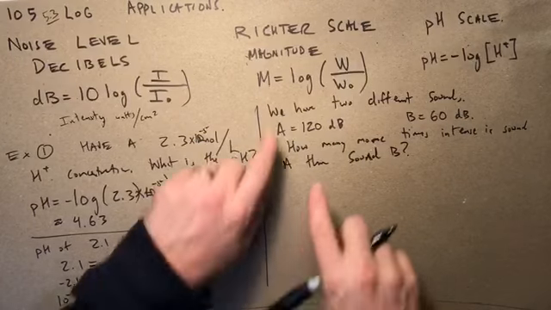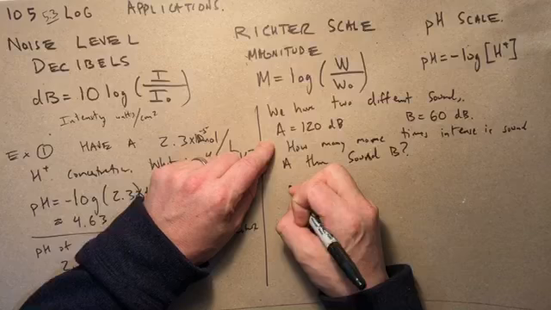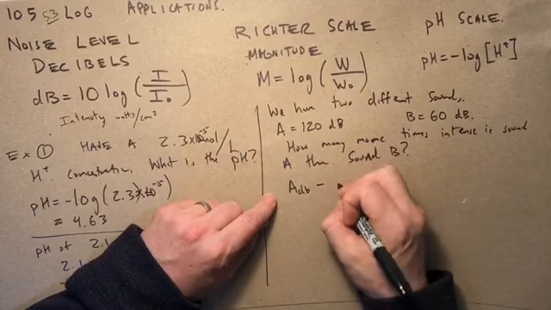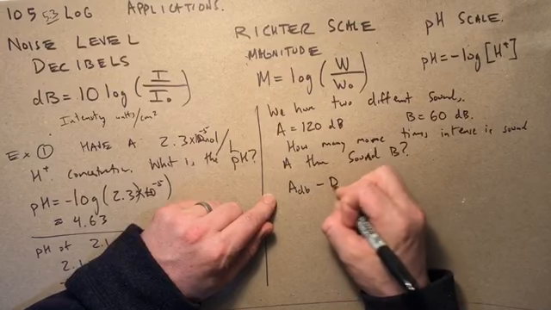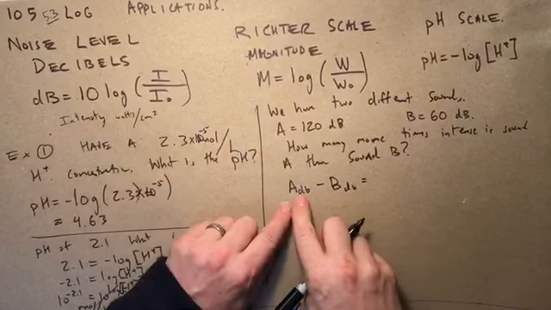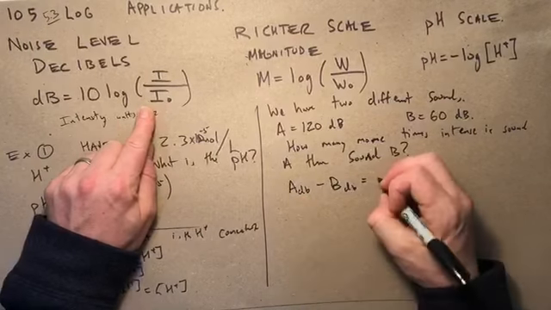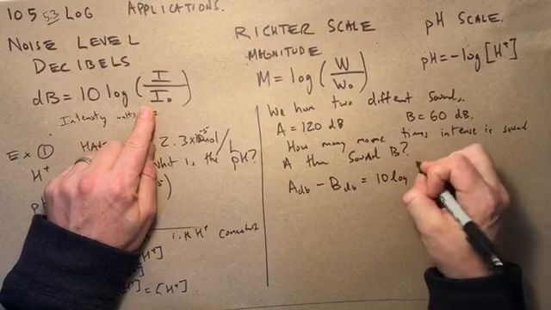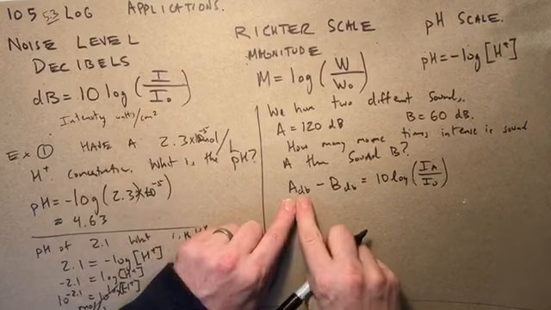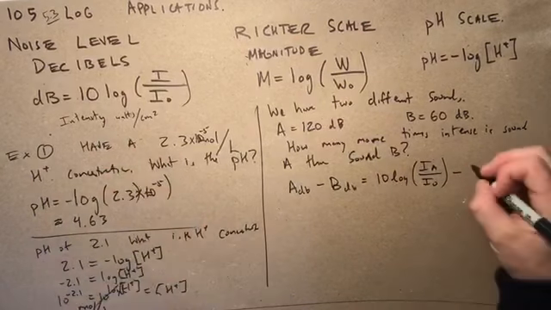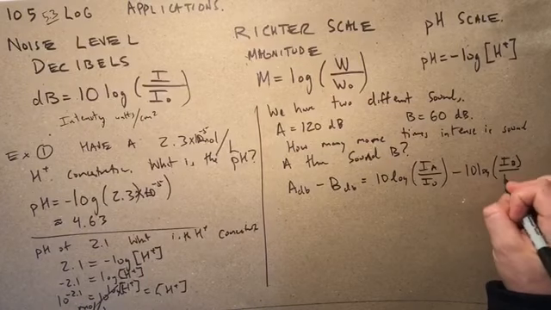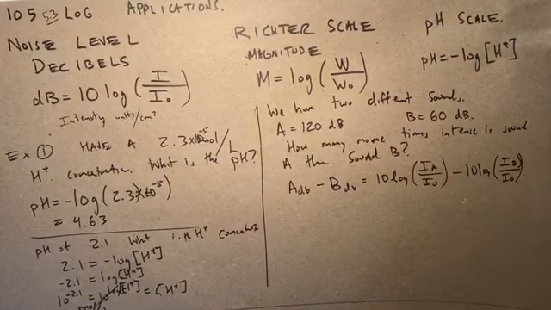The way we're going to do that is we're going to say that we have the number of decibels of A, and I'm going to subtract away the number of decibels of B. What that's going to give us is, we know that for sound A, I'm going to use this relationship, 10 log of the intensity of A divided by that benchmark sound, that's just this piece right here, minus 10 log of the intensity of B divided by our exact same benchmark.